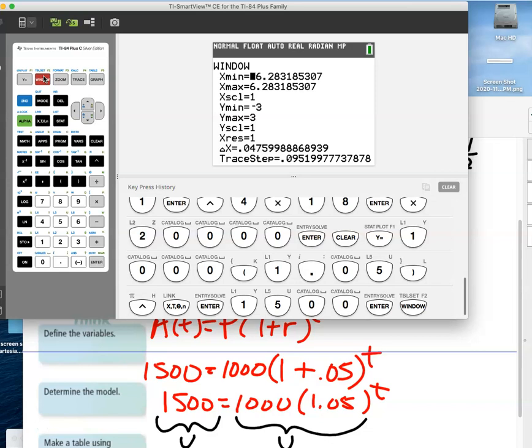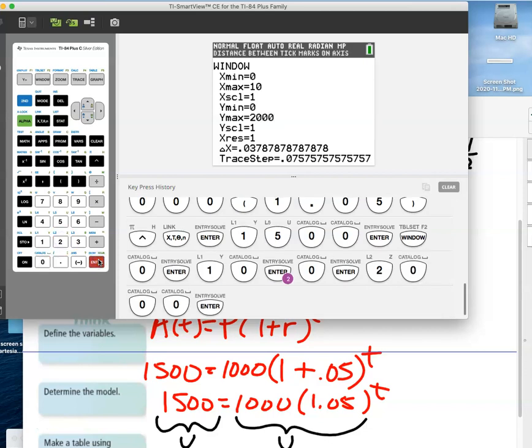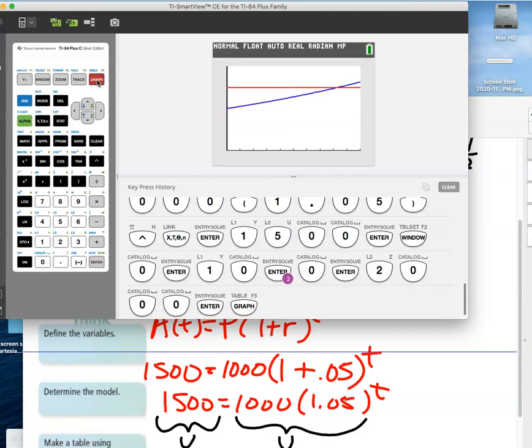Well, let's try 0 to 10. Let's see. We know we have to be able to see 1,500. Well, right now, my calculator is set for a max of 3. That's not high enough. I'll go with 2,000. And we're hoping we can see it. Well, there it is. So it is within 10 years that we're going to get $1,500.